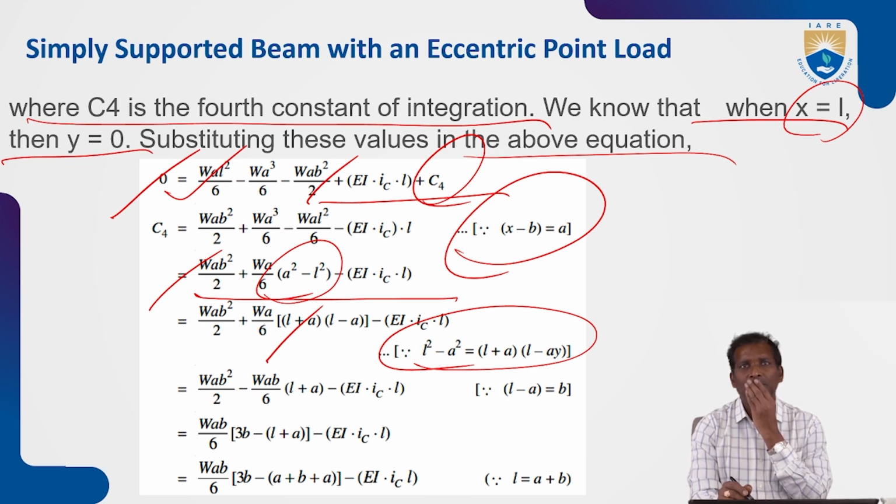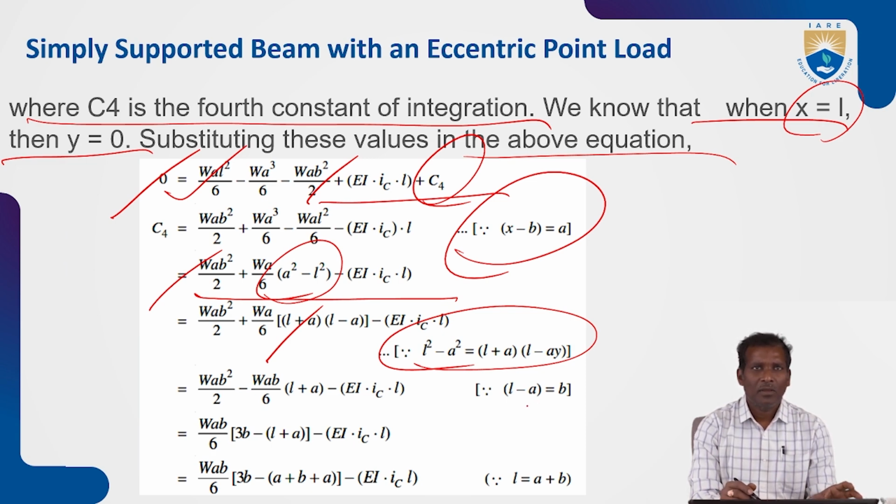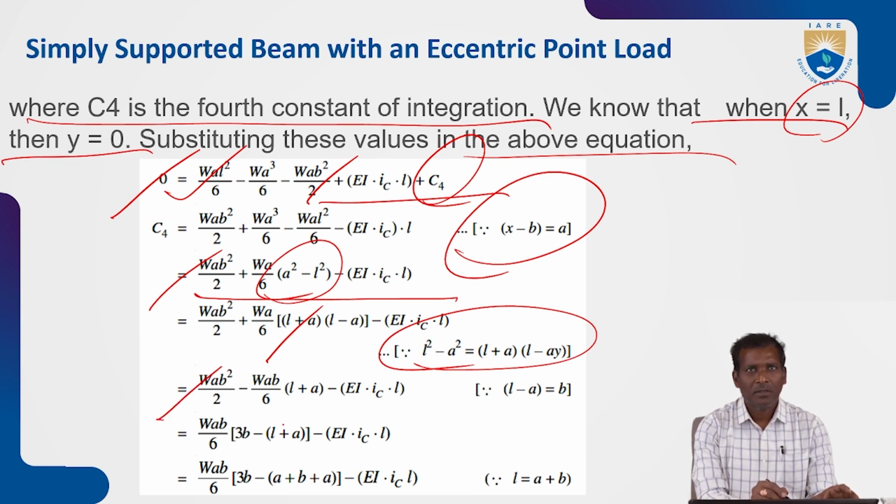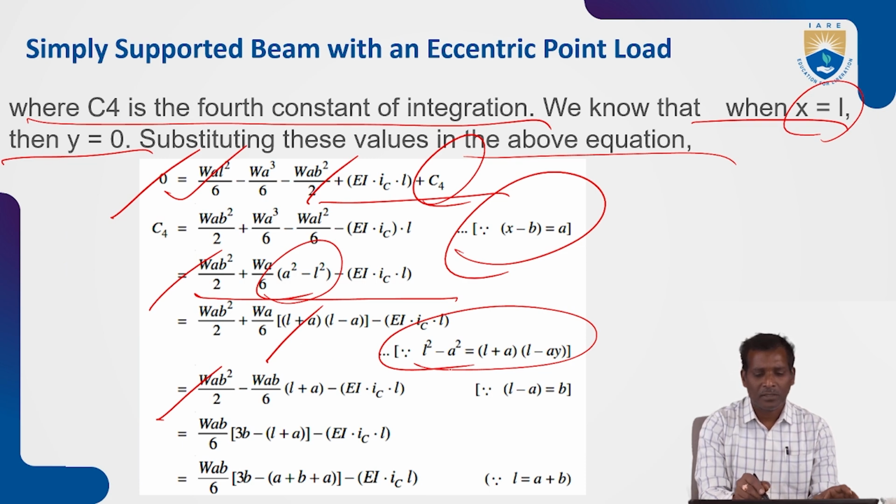So here WaB square by 2 minus WaB by 6L into L square minus a square, that is L plus a into L minus a only.